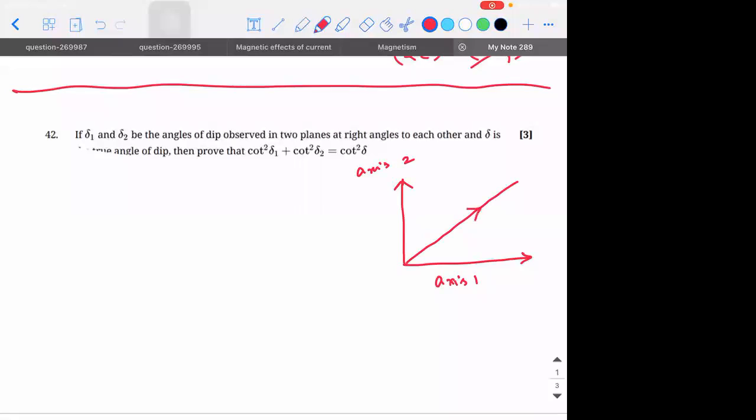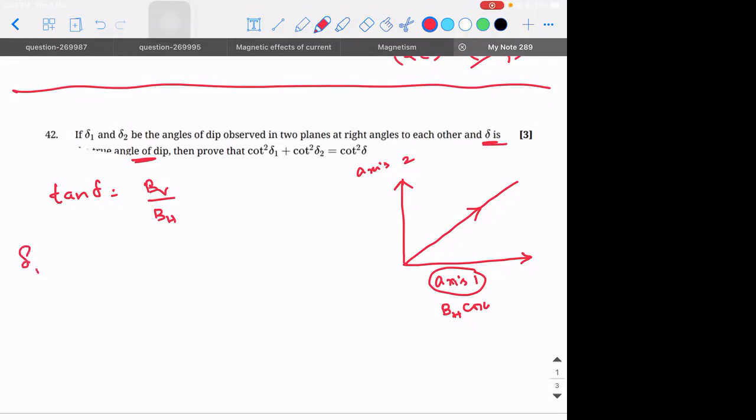Then let this be the resultant. So along the axis 1, let's say the horizontal component of the first magnetic field's component is there. So tan delta is what, according to the way they have given. Delta is the true angle of dip. So tan delta is how much? Tan delta is given by the formula BV divided by BH, correct? Yes, sir.